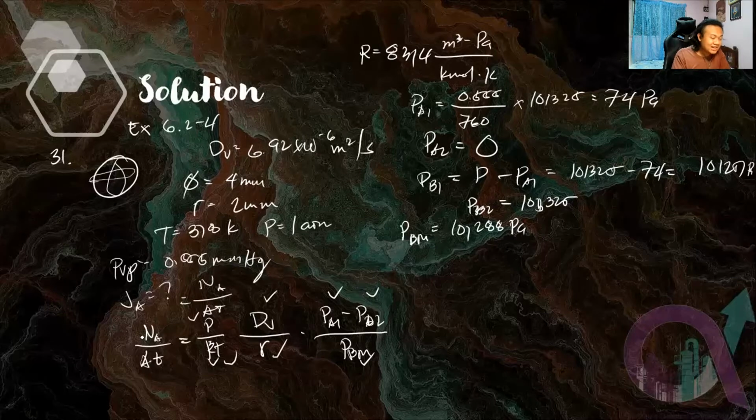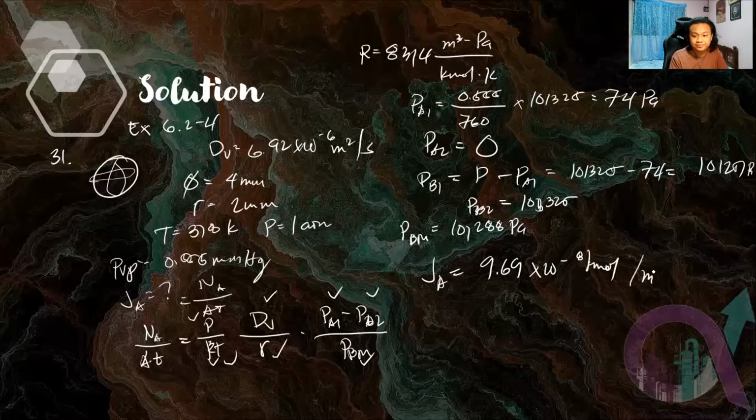So we are just finding the JA. So plug in all that you know, plug all of it there, you can find the answer is 9.69 times 10 to the negative 8 kmole per square meter per second.